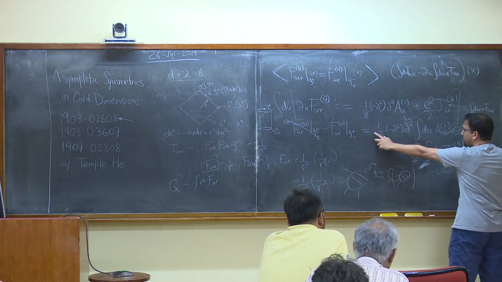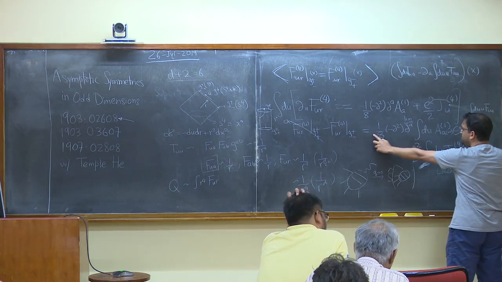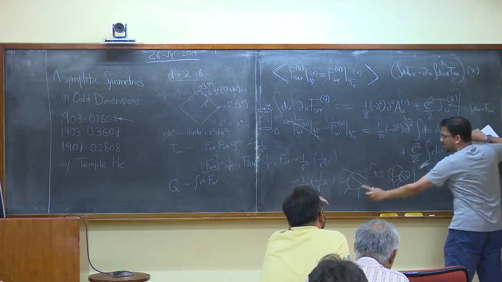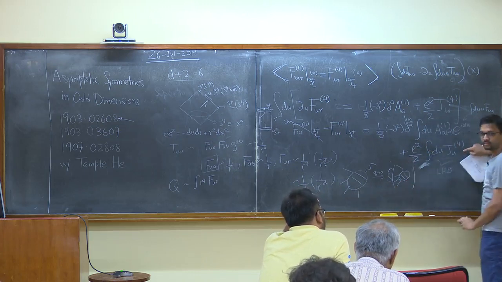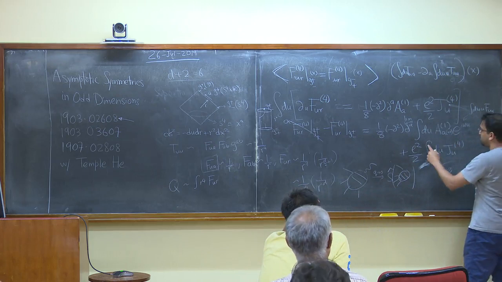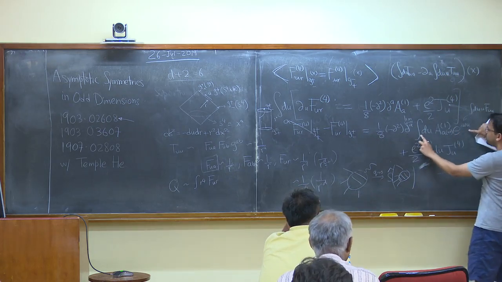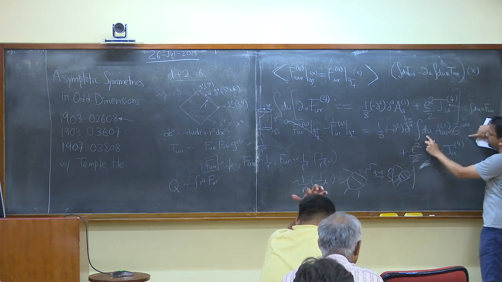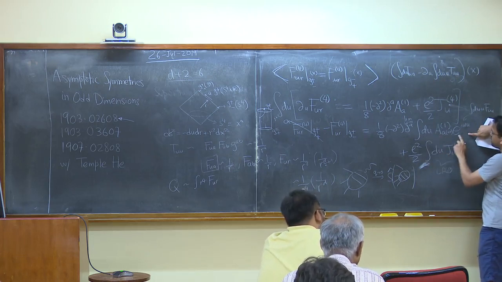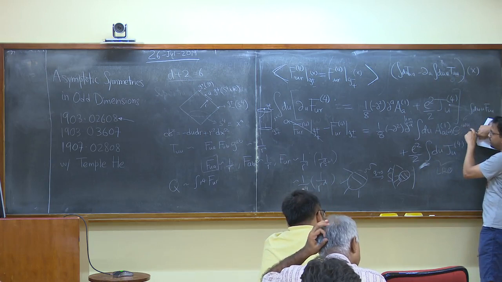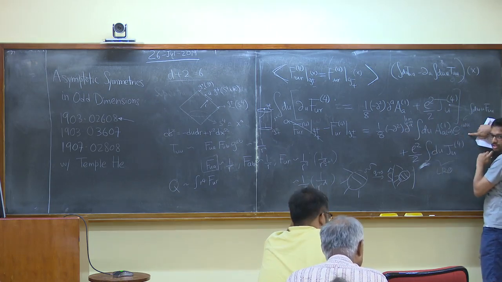I want to simply show that, at least qualitatively, this first term is the left hand side, and this second term is the right hand side. The way you can see that is that this first term is an integral over u of a, so I can think of this quantity as you multiply by e to the i omega u, and then take the limit omega goes to 0.